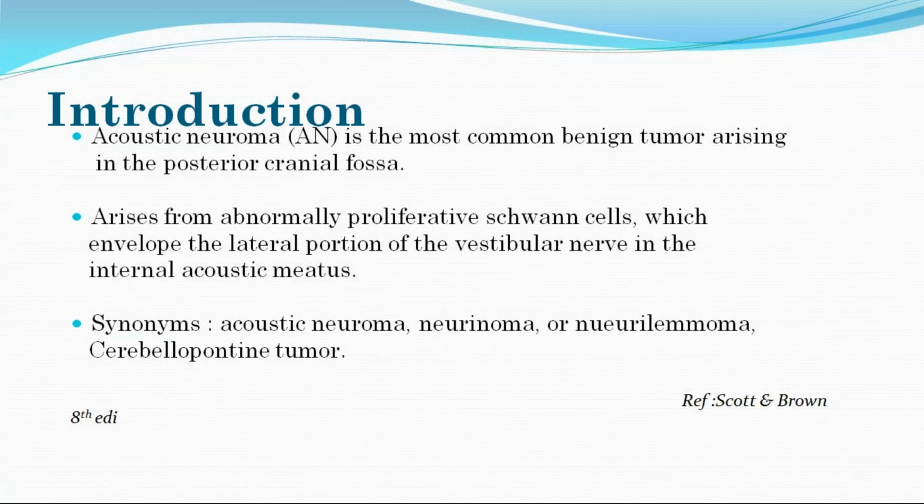Among them, acoustic neuroma is one. Others are meningioma, arachnoid cyst, and congenital cholesteatoma. Metastatic deposits can also occur in the cerebellopontine angle. Among these, the most common is the acoustic neuroma or the schwannoma.